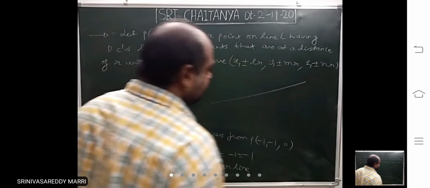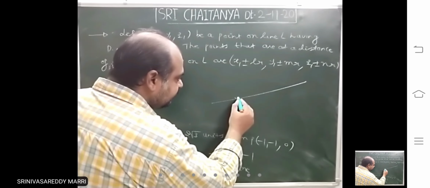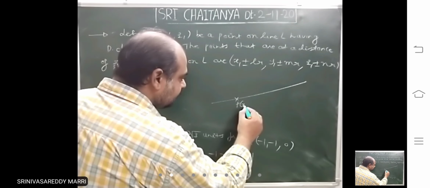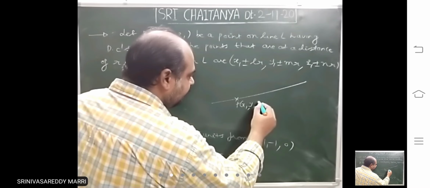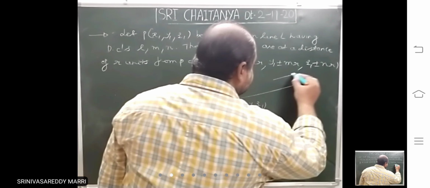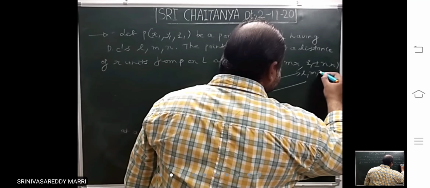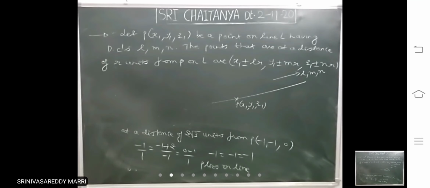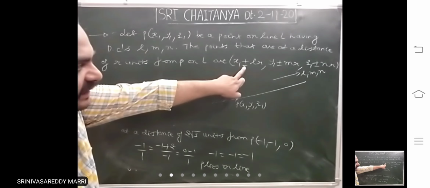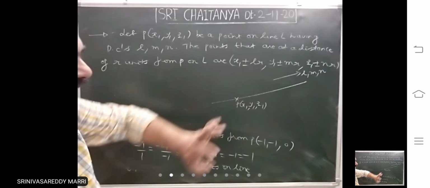Look at it. There is a line, and a point on it, whose DCs you must know. You must use only DCs. If they are not given, you have to calculate DCs. For applying the formula, not DRs, DCs are required.